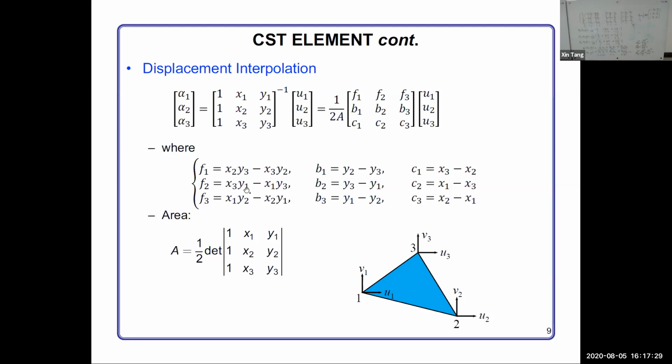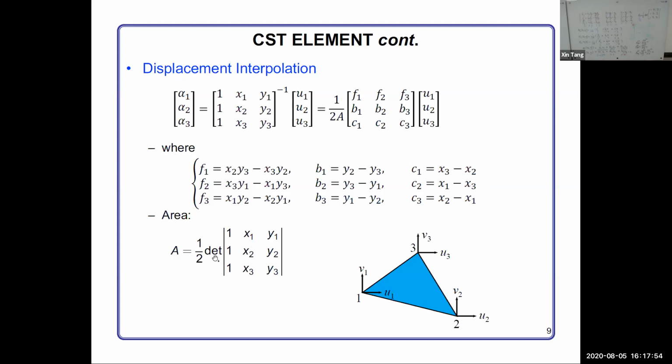Here X and Y of the 3 nodes are all known. B1, B2, B3 depend on all the Y coordinates of the 3 nodes. C1, C2, C3 depend on the X coordinates of the 3 nodes. They are in those forms.